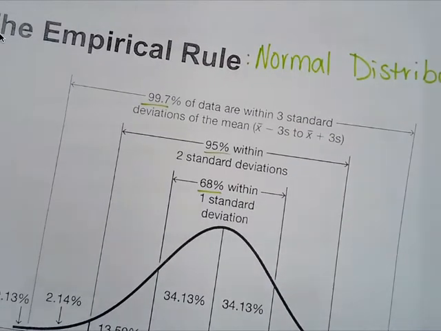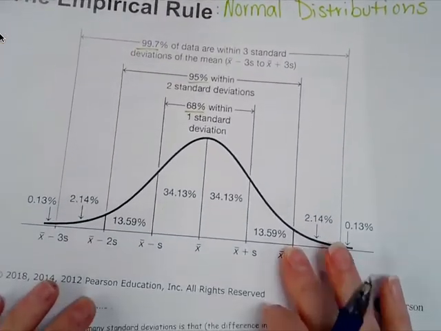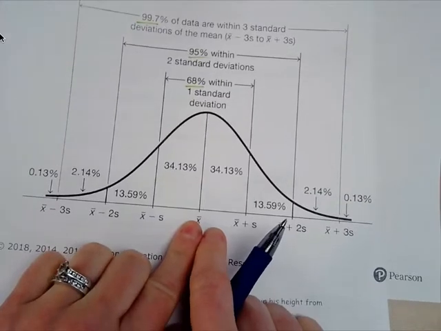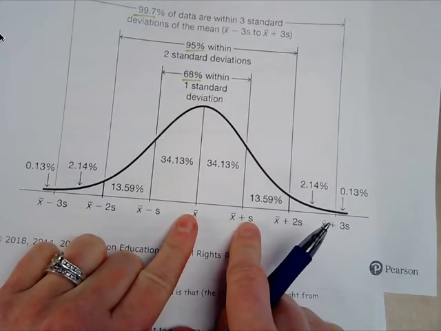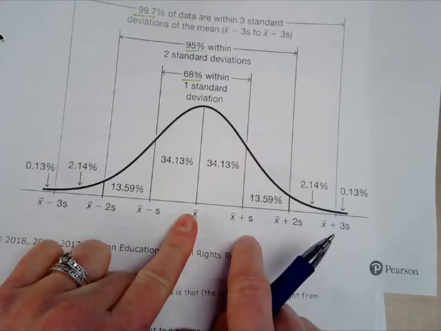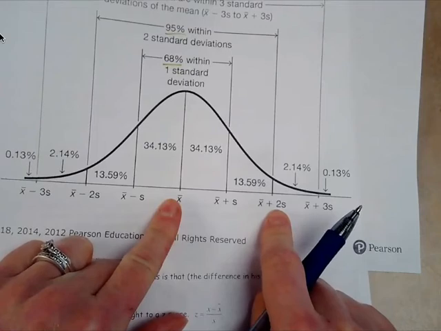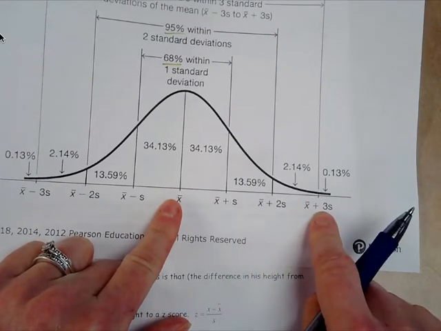When we looked at our empirical rule with 3.2, remember the mean is in the middle, and then x bar plus s would be a z-score of 1 because it's 1 standard deviation above. This would be a z-score of 2. This would be a z-score of 3.